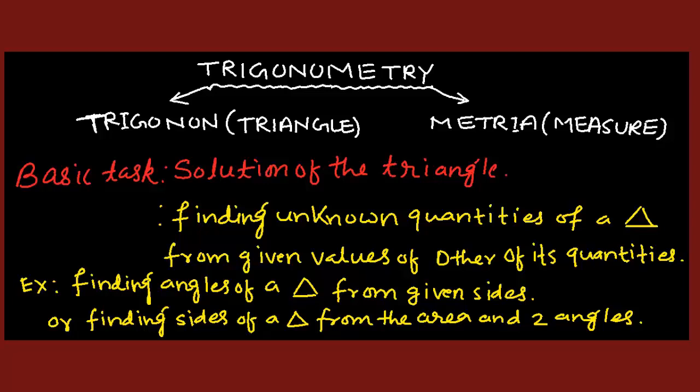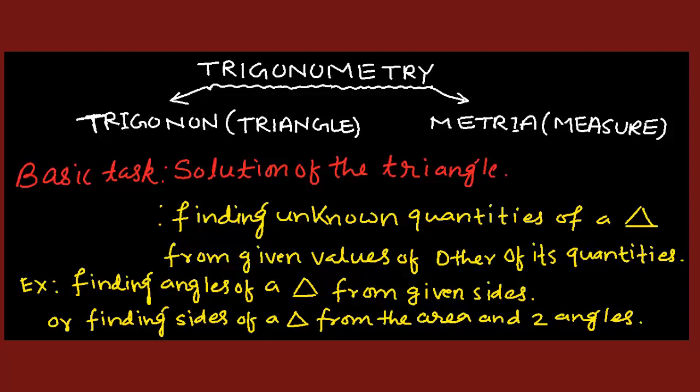Solving triangles originated in astronomy, and for a long time trigonometry was a branch of astronomy. It was only in the 18th century that trigonometry got its modern form, and it was due to the great effort of Euler.